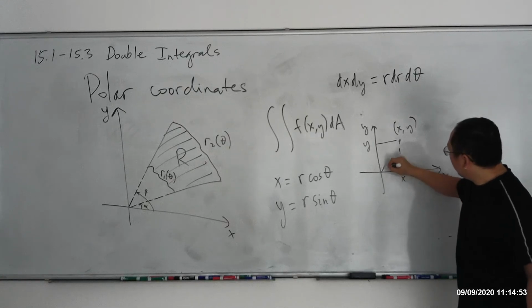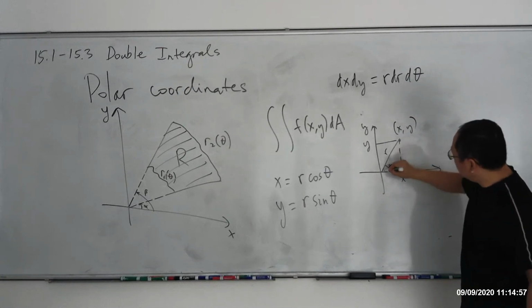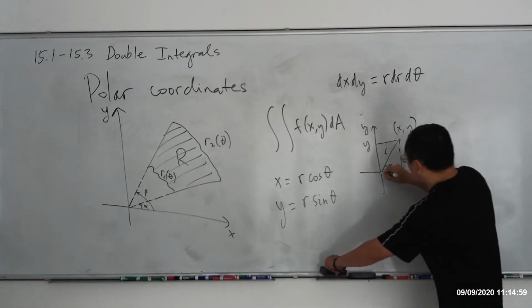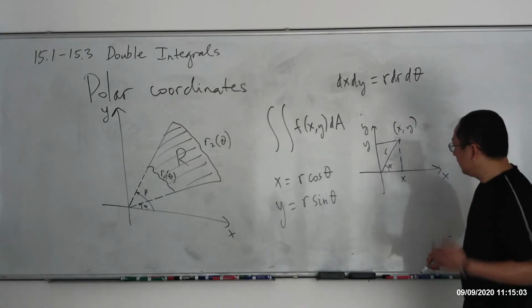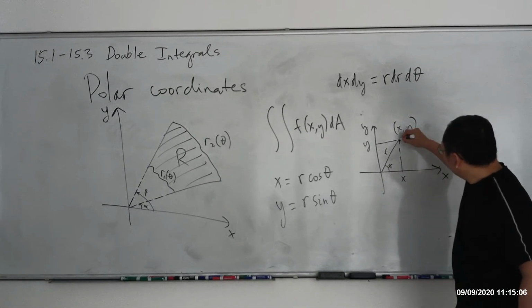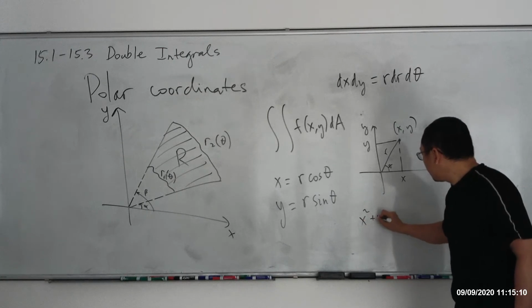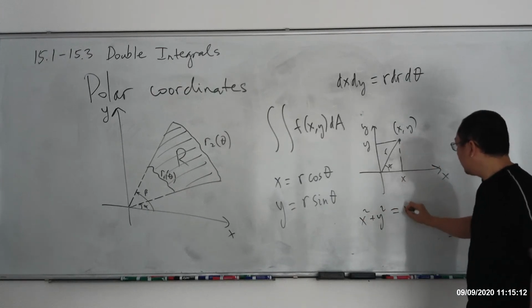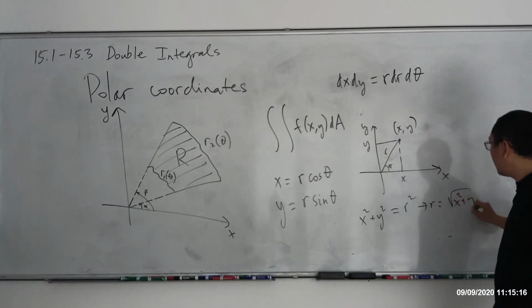You want to calculate theta, which is the angle right here, and you want to calculate r, which is the distance from the point to the origin. By the Pythagorean theorem, x squared plus y squared is r squared, so r is equal to the square root of x squared plus y squared.